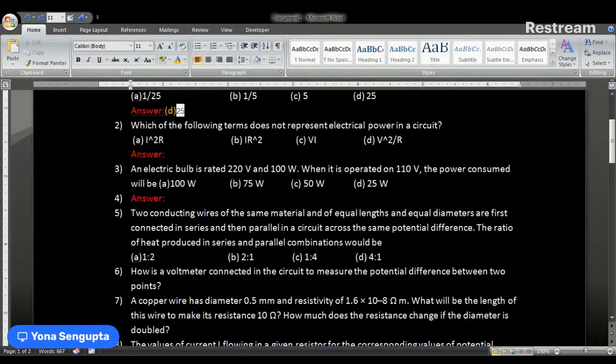But why? Because as we know, electrical power is given by the expression P equals VI. According to Ohm's law, V equals IR.